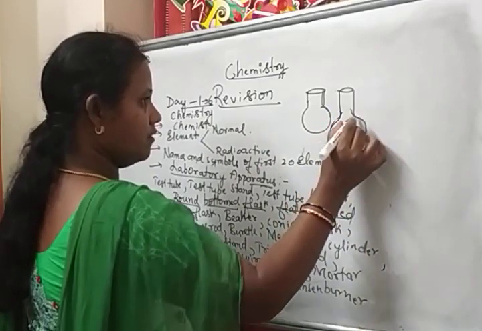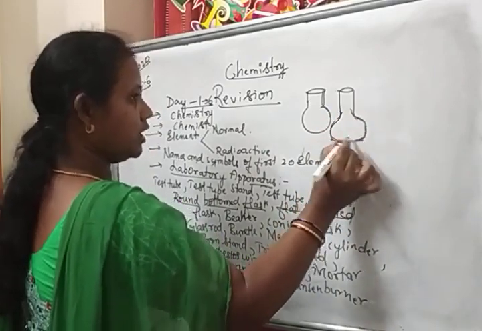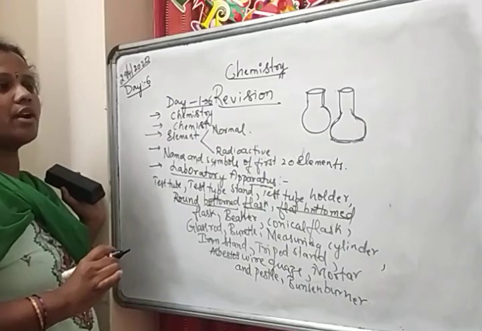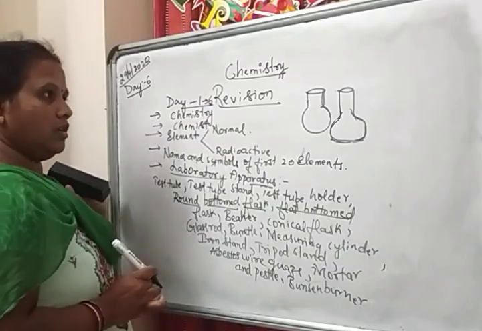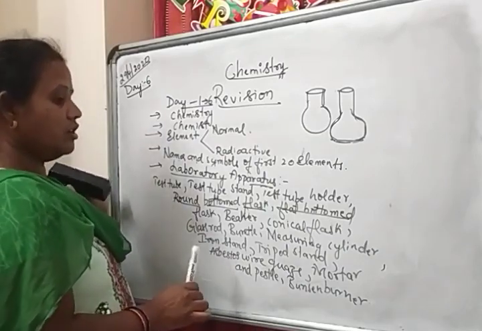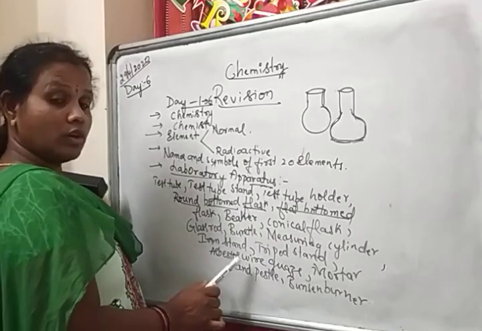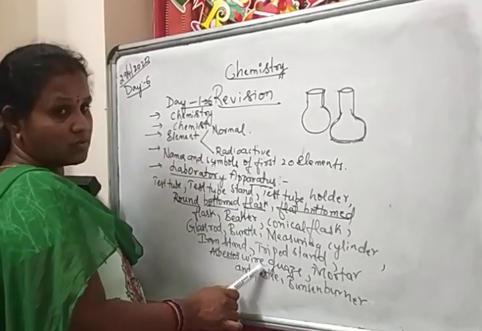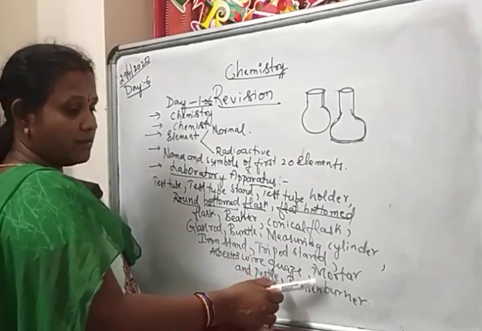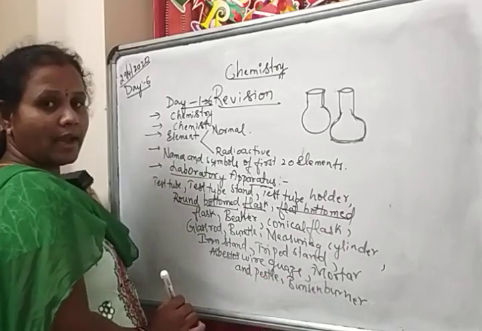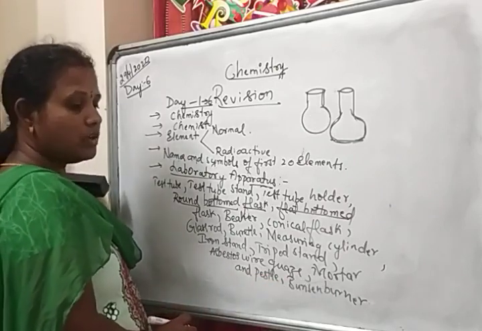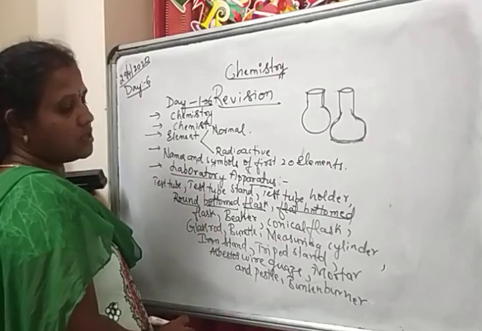This is flat bottom flask. You should try to differentiate the bottoms. And you should learn the use of asbestos wire gauze, the function of mortar and pestle, and how the Bunsen burner works.